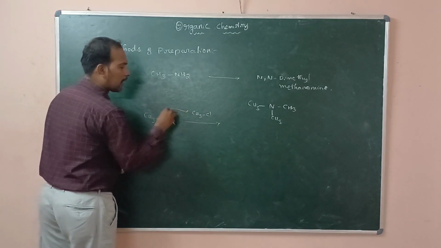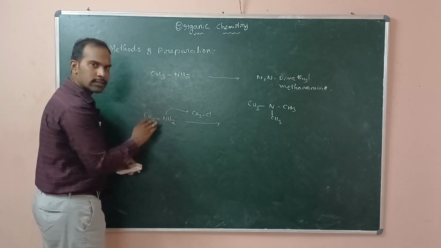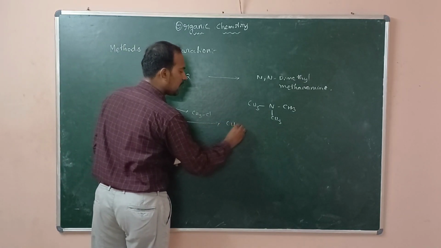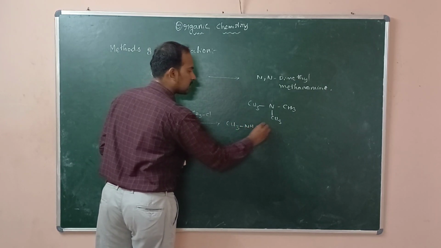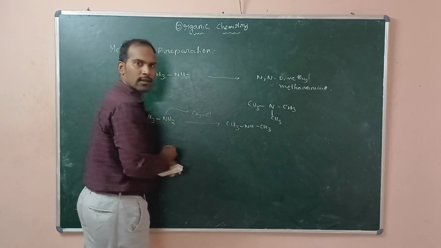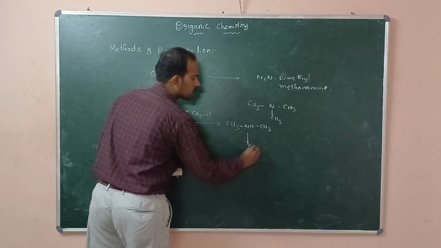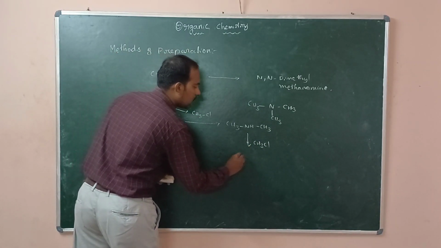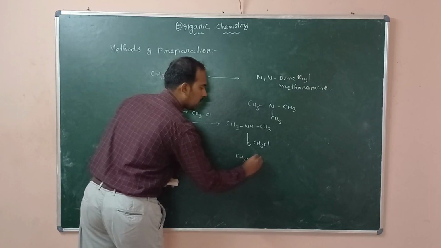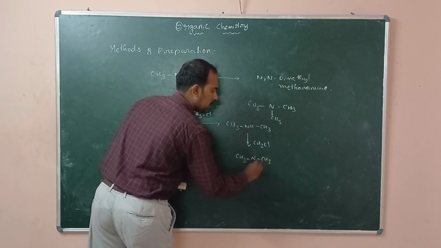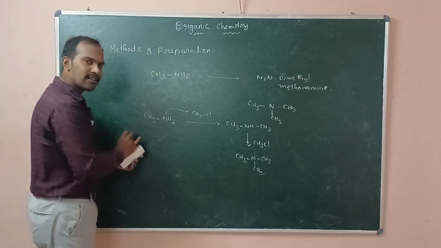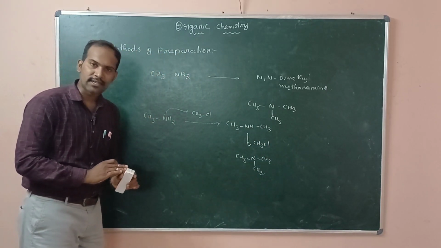This lone pair will attack and it undergoes nucleophilic substitution, and we can write CH3NH3, which further reacts with CH3Cl and gives CH3NCH3CH3. So we converted the primary amine to a tertiary amine.